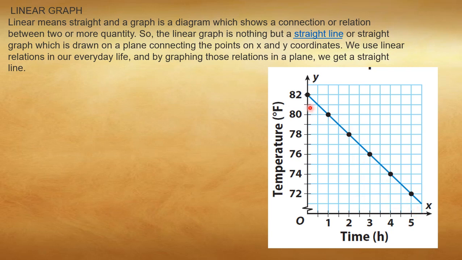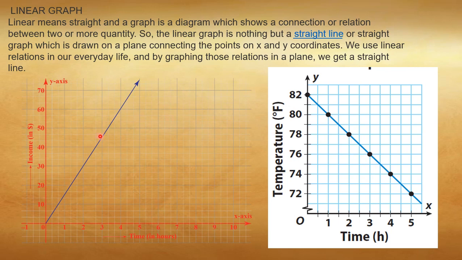Now, when we join these points, we get a straight line. So, this is the linear graph which shows the dependency of the first quantity on the second in a linear manner. That means if one is increasing, another is decreasing, or if the first quantity is decreasing, the second quantity is increasing. So, the graph which shows a straight line is a linear graph.